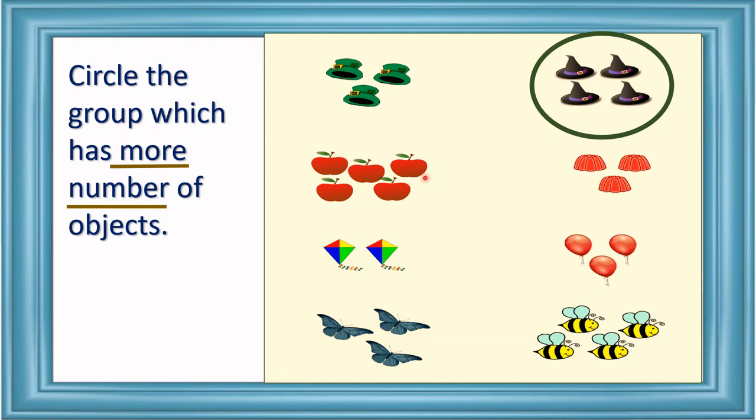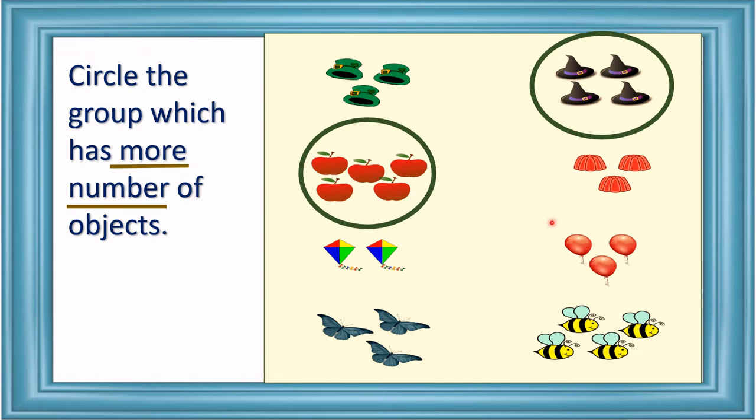Okay. Now here we can see apples. How many are there? 5. And 3 jellies. So which one to circle now? Yes, very nice, apples, because they are more in number. Right? Now kites and balloons. 2 kites and 3 balloons.